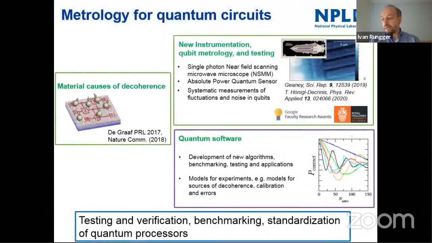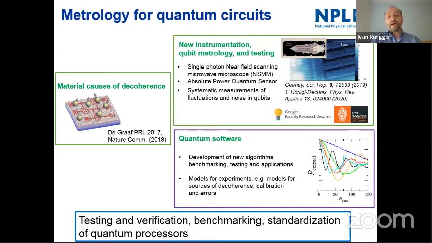So at MPL, which is my institute, we generally work on metrology for quantum circuits because we're a measurement institute. We have a long history of working in quantum computing, mainly on understanding the material causes of decoherence. This goes back maybe 10 years, but it's ongoing work.